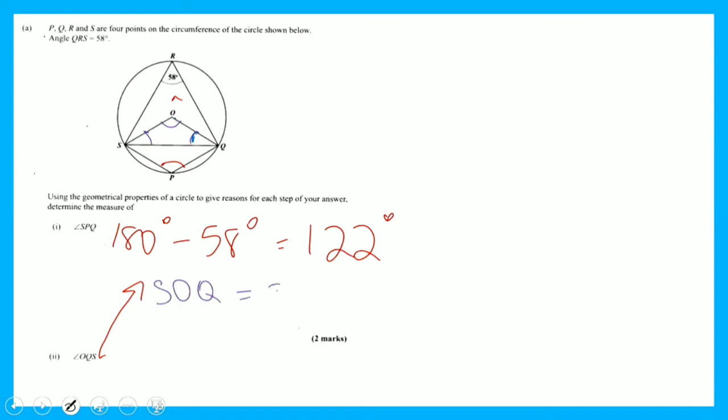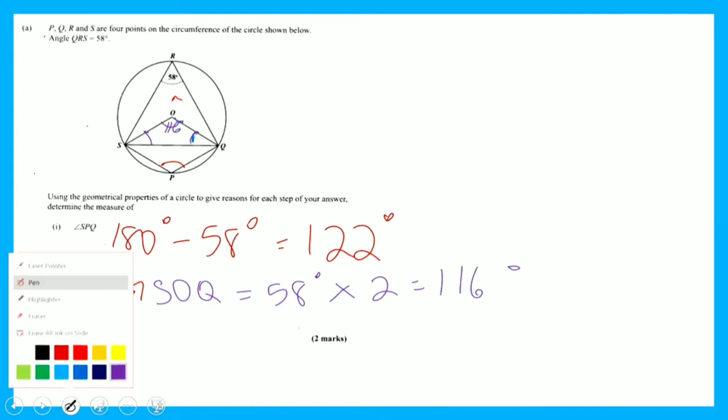SOQ is going to be 58 degrees times 2, because the angle at the center, sitting on the chord QS, is double the one at the circumference, sitting on the same chord QS. So we have 116 degrees right here.